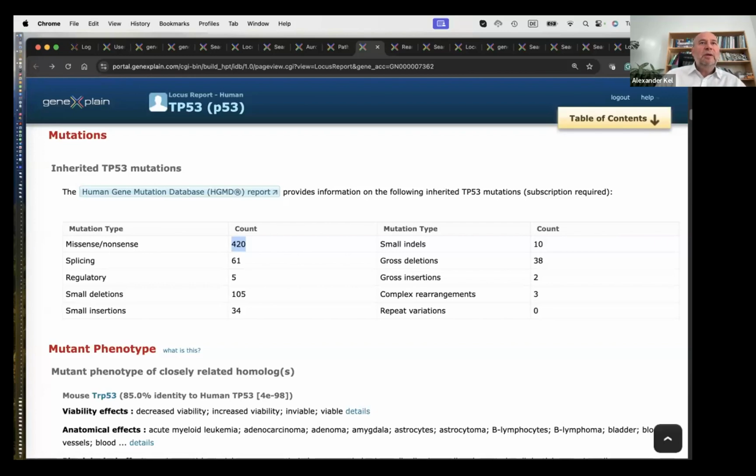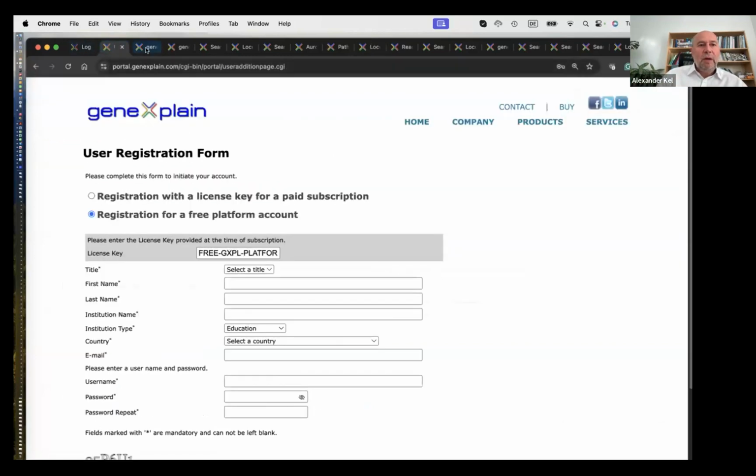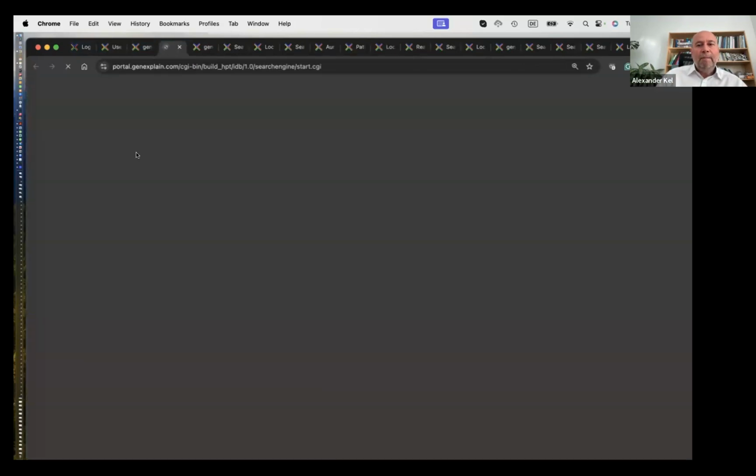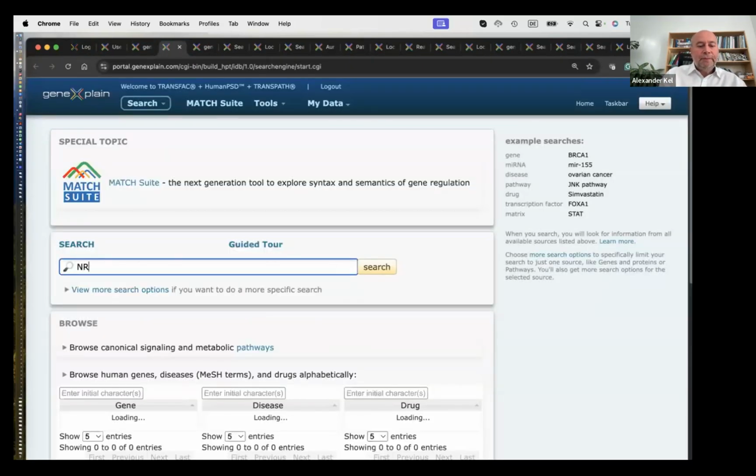Can you study the transcription regulation of any gene, for instance, NRF2 and its binding patterns in any conditions? Okay. Of any gene, yes, right. That's what I was touching on, but let me make it a bit more clear. Let's simply search for this gene, NRF2.